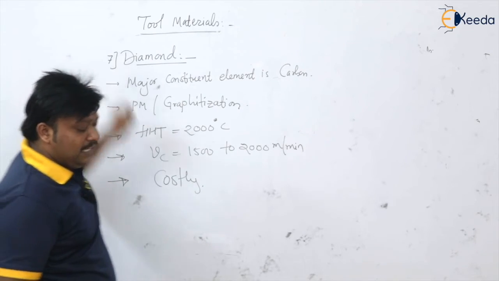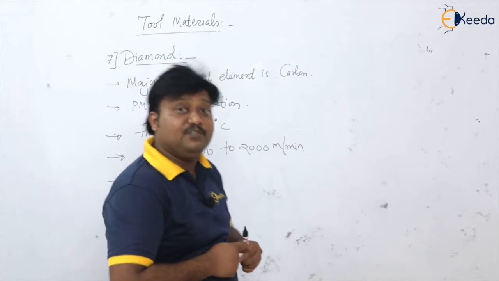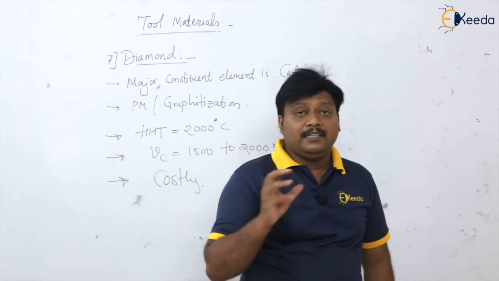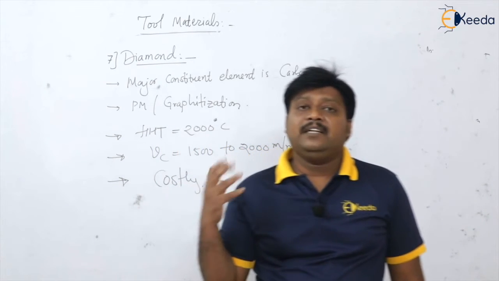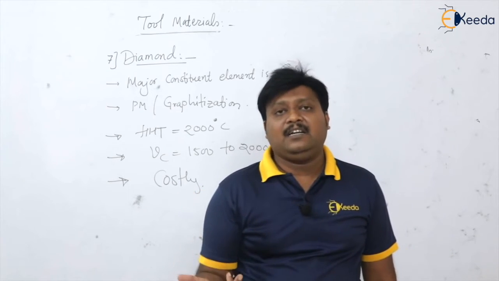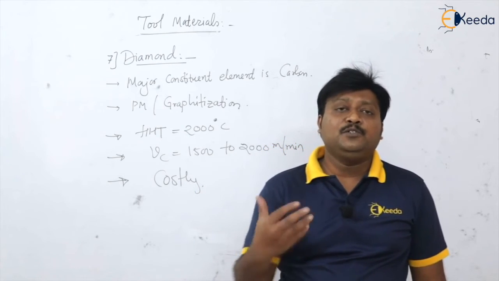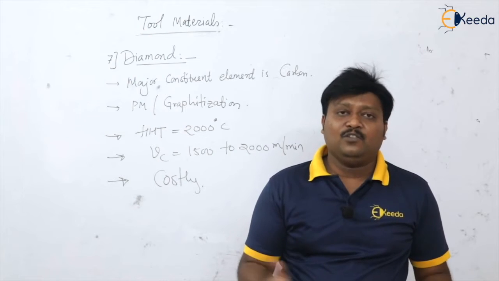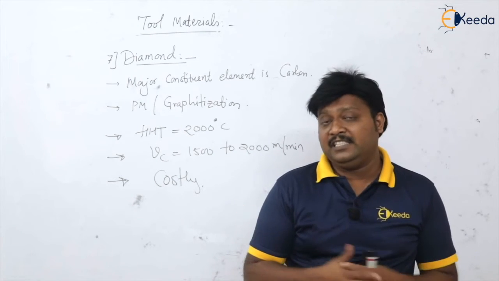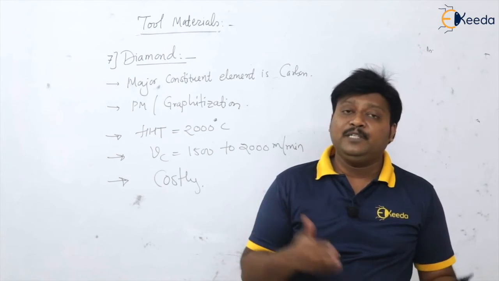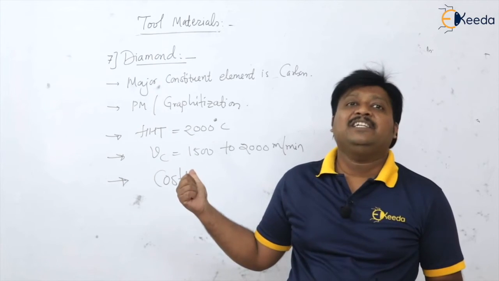As we discussed in the case of diffusion wear, in diamond what is there the most? Carbon. When this diamond tool is used for ferrous material, at higher temperature the diffusion rate is higher, so the carbon will diffuse out of the tool material.